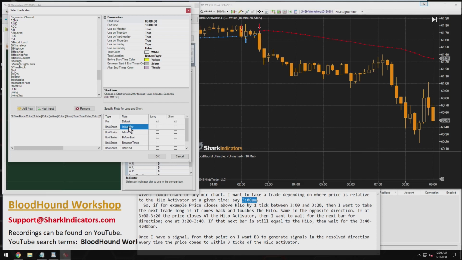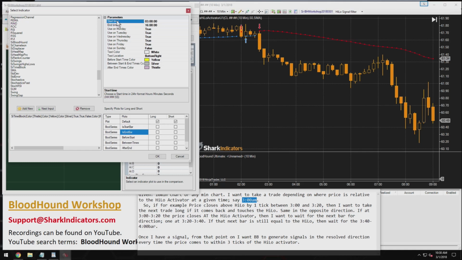One of them says is start bar. Basically this bool series will go true when we're on the start time bar. We have the start time and the end time, so this bool series will tell us, is this the start bar or is this the end bar?